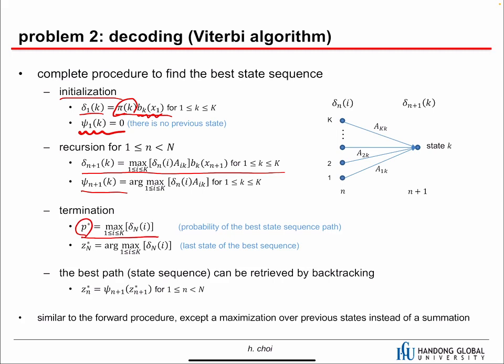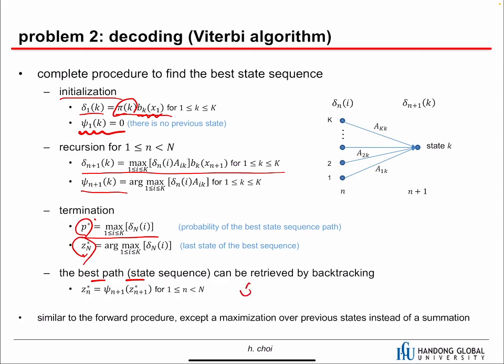So when we have the best state sequence, then this is the probability. And this one is the last state of the best sequence. And then how can we find the best path? The best path can be retrieved by this backtracking. So for the last time step, this is the best state, okay?